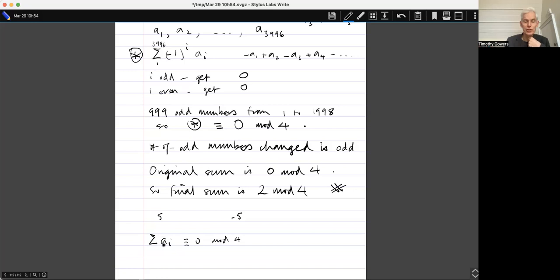Each time you change the sign of an even number, it doesn't vary. Each time you change the sign of an odd number, it varies by 2 mod 4, and we've changed the sign of an odd number of odd numbers, and so we get 2 mod 4. So two different arguments. One says that this sum must be 0 mod 4, and another says it must be 2 mod 4, and therefore we can't do it.